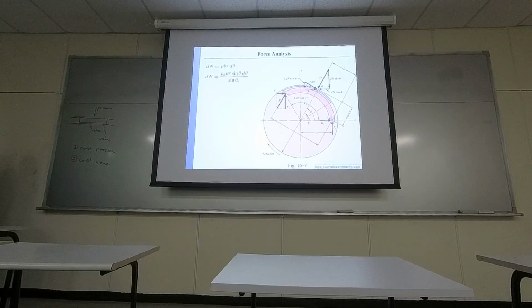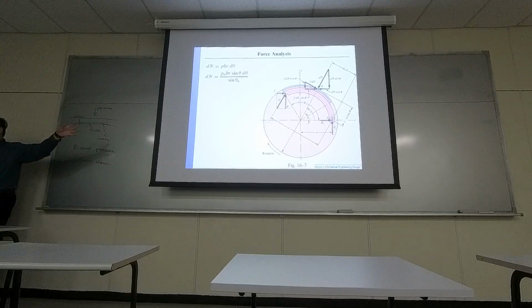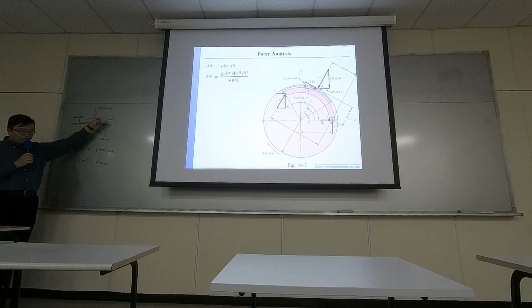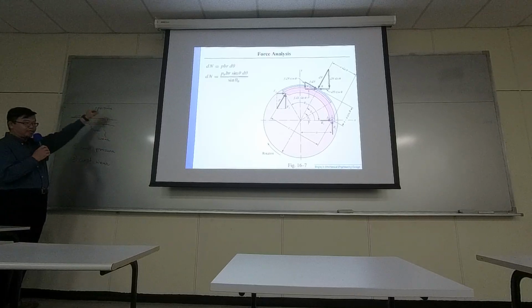So at every particular point, you basically have a normal force. And the normal force, just like our pulley, you have to assume could be different everywhere because of the geometry.